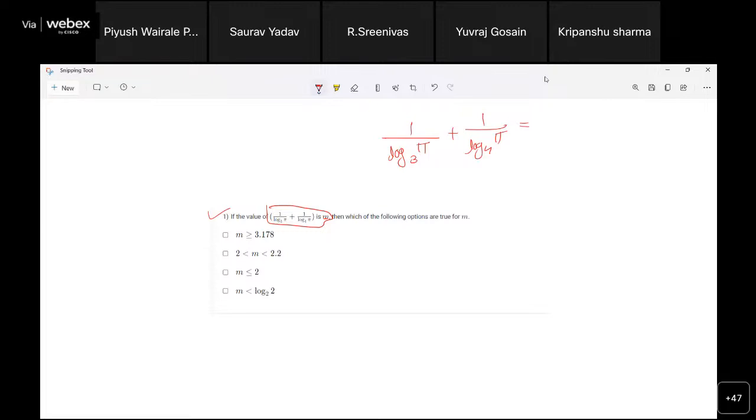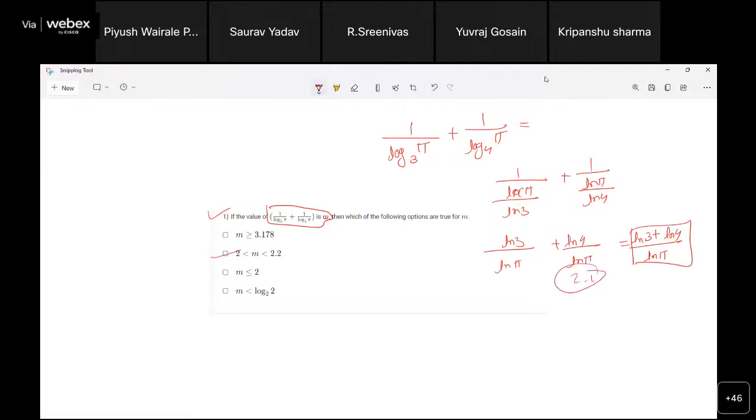I can directly write it using the change of base rule: ln of pi upon ln of 3, plus 1 upon ln of pi upon ln of 4. Then this will go in the numerator: ln of 3 upon ln of pi plus ln of 4 upon ln of pi. So it will be ln of 3 plus ln of 4 upon ln of pi.